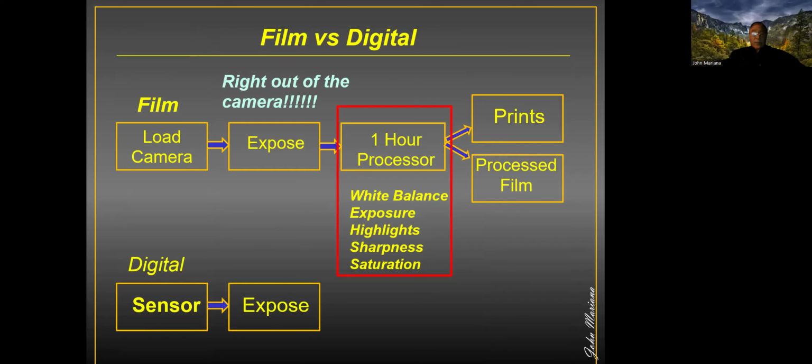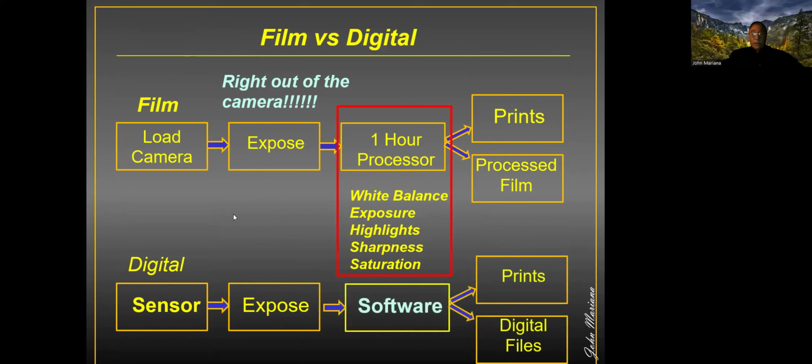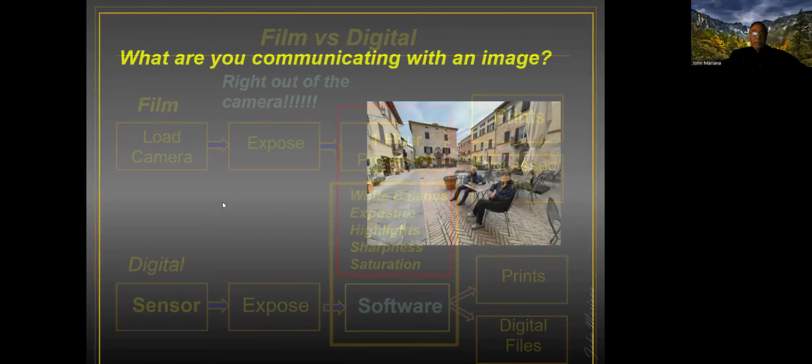Today, digital, you expose, and you could have prints or digital files, but that's not the important part of today. Today's digital is to have software, which I use Photoshop, to do all of those special aspects of enhancing an image, and you'll see why.